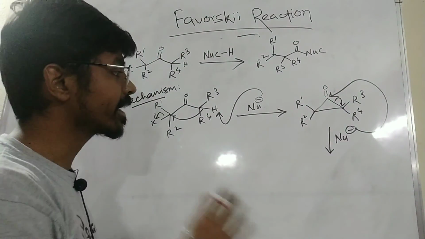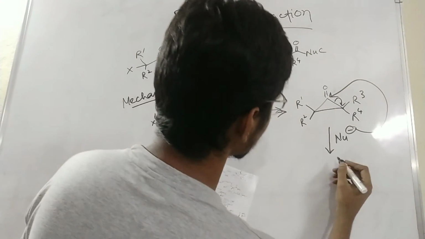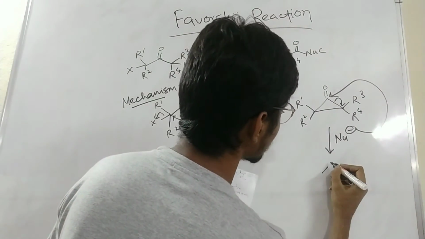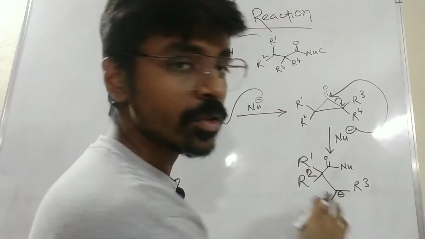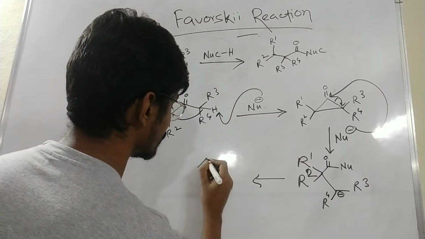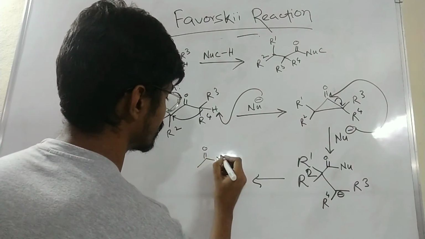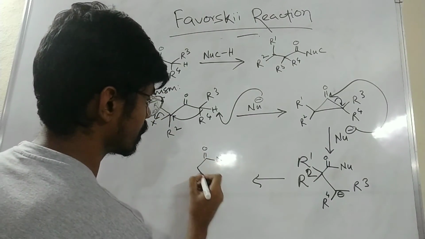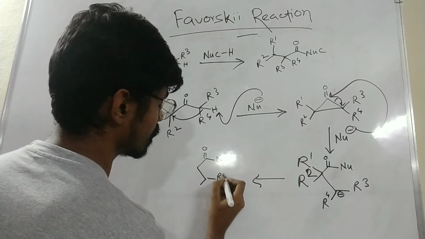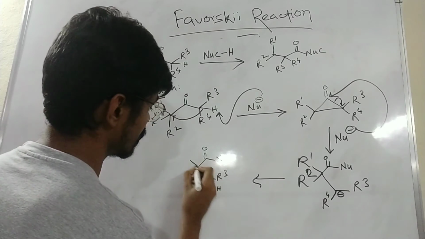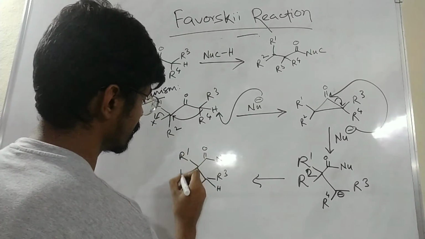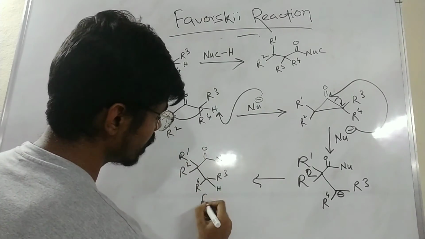So right now, as of now, you can see the final product will be, we will take a proton from the solvent and ultimately this will be the final product.